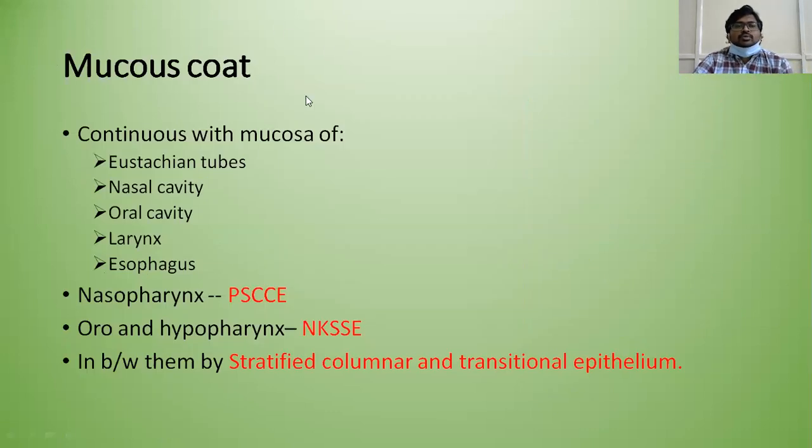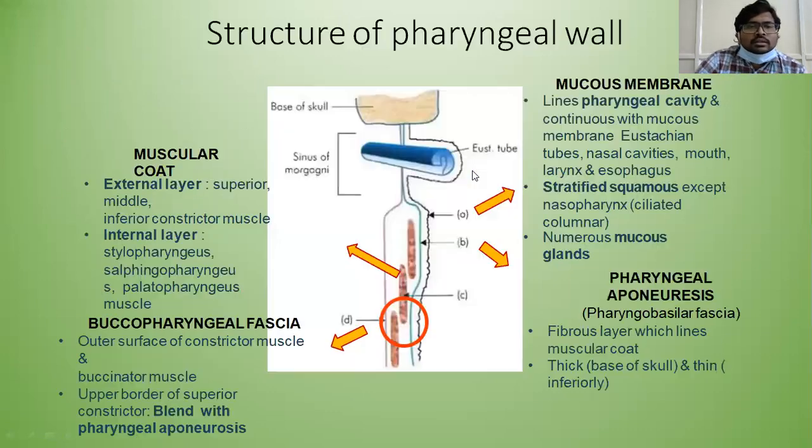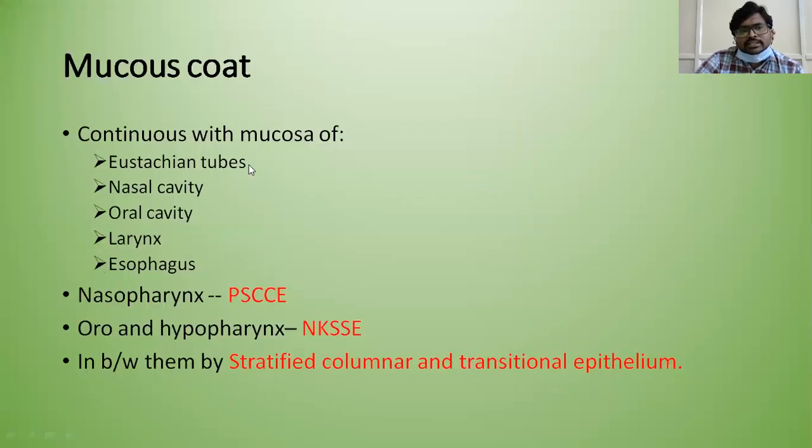Now coming to the mucosal coat. The mucosa of the pharyngeal wall is continuous with the mucosa of the eustachian tube laterally, the nasal cavity, oral cavity and larynx anteriorly, and below with the mucosa of the esophagus. But the lining epithelium changes.